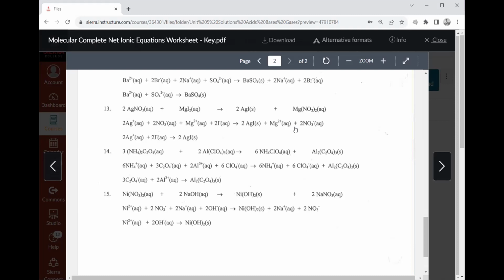So what we've talked about today is a description of what happens when something goes into solution. What are the factors that keep something from going into solution or forming a solid? Remember the crystal lattice force and solvating force. And we also talked about the 3 equations involved: molecular, total ionic, and net ionic equations.